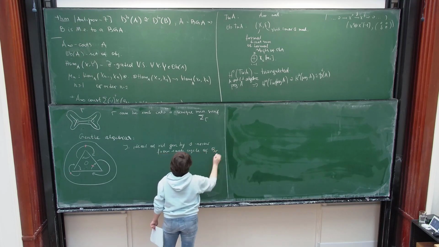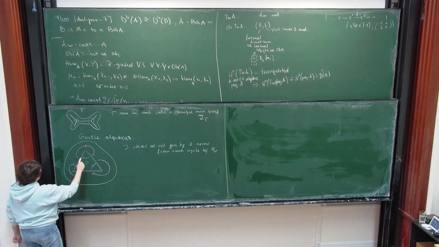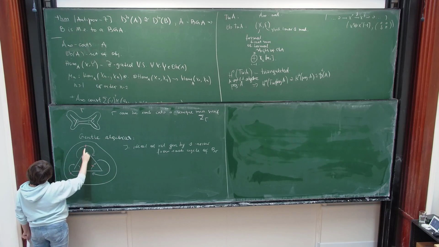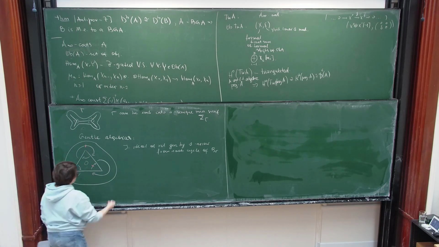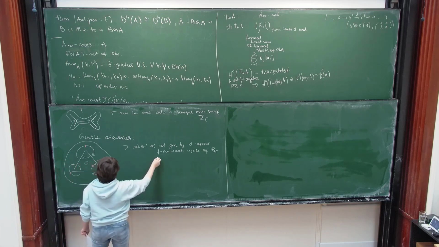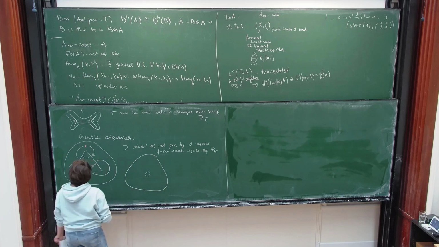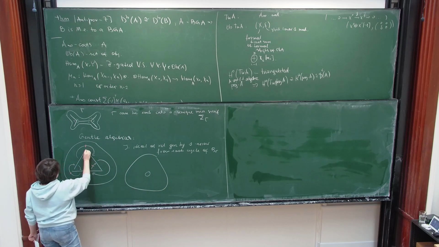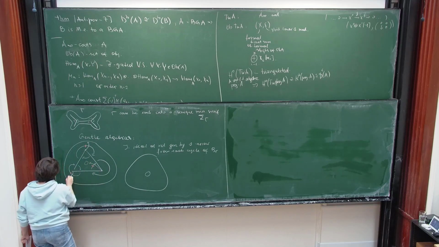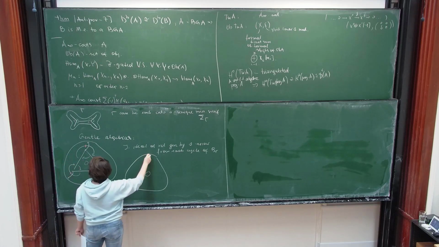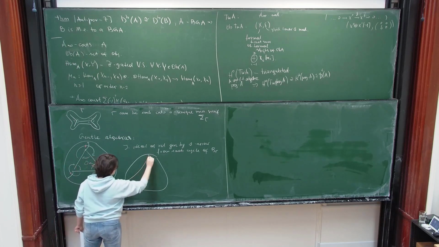And then on the level of the surfaces, this corresponds to cutting these arrows and dragging the vertices to the boundary of the surface. So the result is going to look in the following way. We are dragging this vertex here, this here, and this here. So the graph is going to look like that.